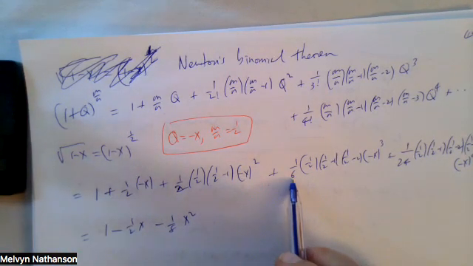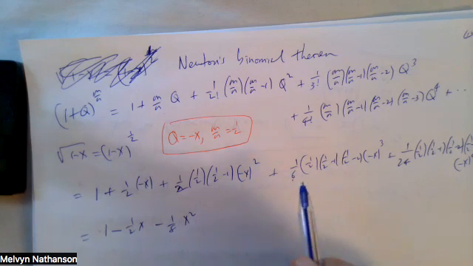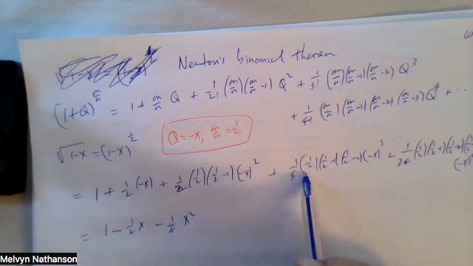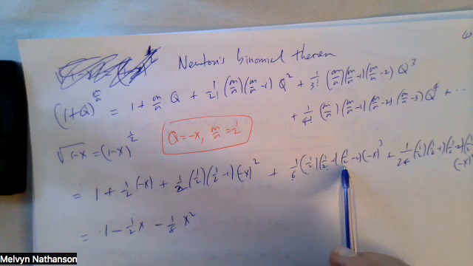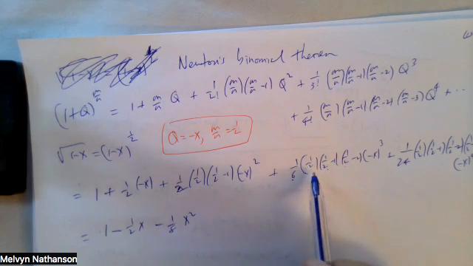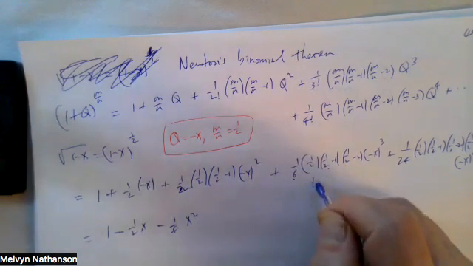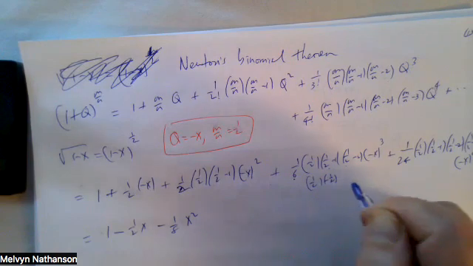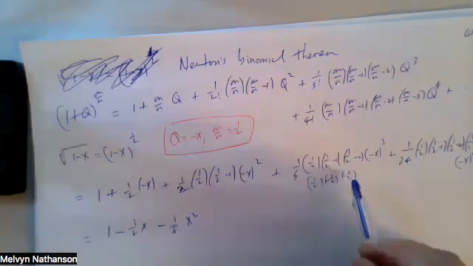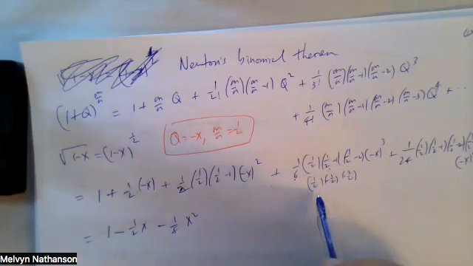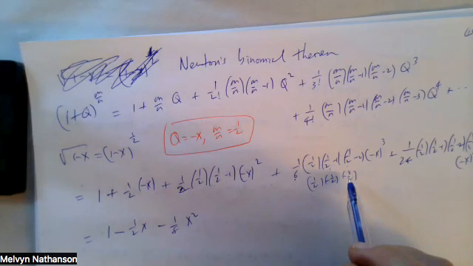Here I have a sixth times a half times minus a half times minus 3 halves. So a half times minus a half times minus 3 halves is plus 3 over 8.